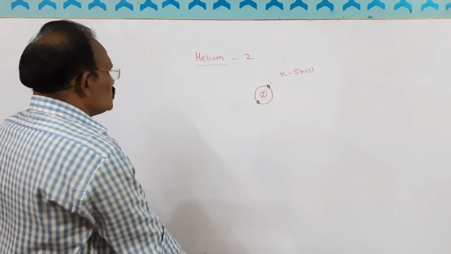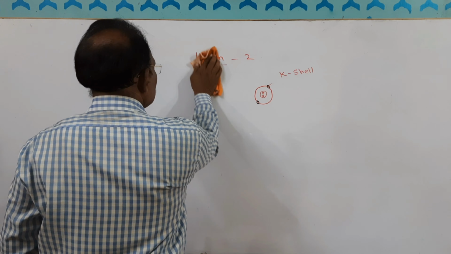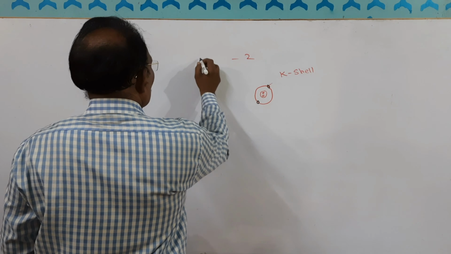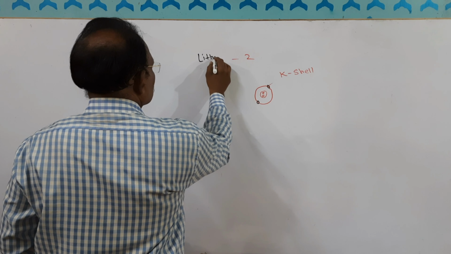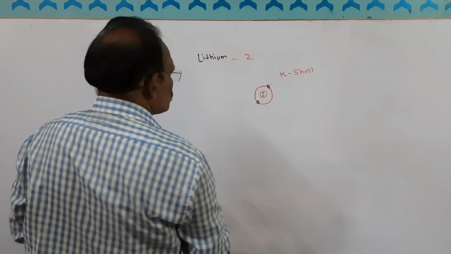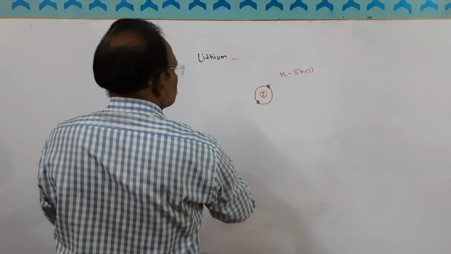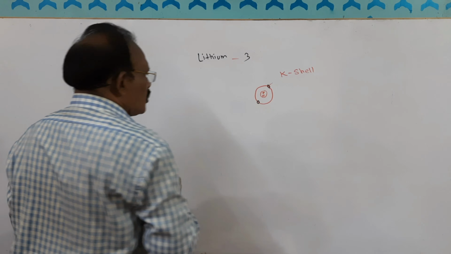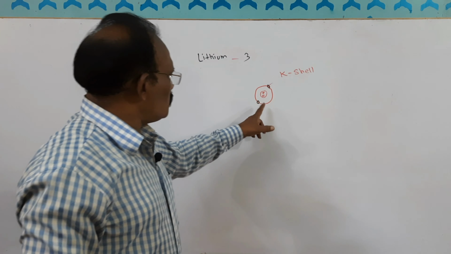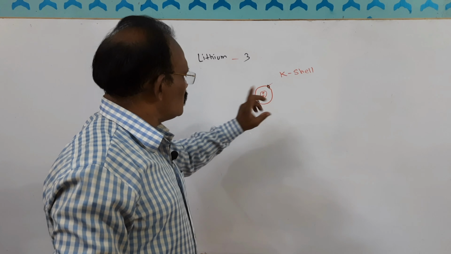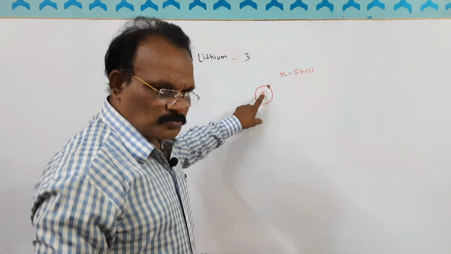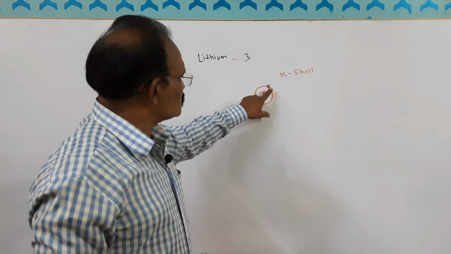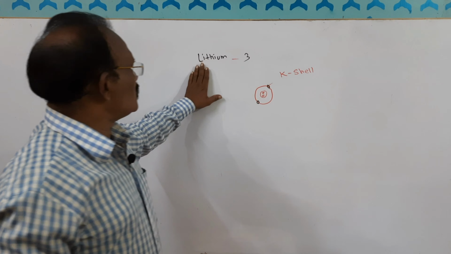Now if you go for lithium, the atomic number of lithium is 3. Here this is shell number 1 with 2 electrons, and in the center there are 3 protons. Two electrons revolve in the first shell, but the atomic number is 3. What about the third?